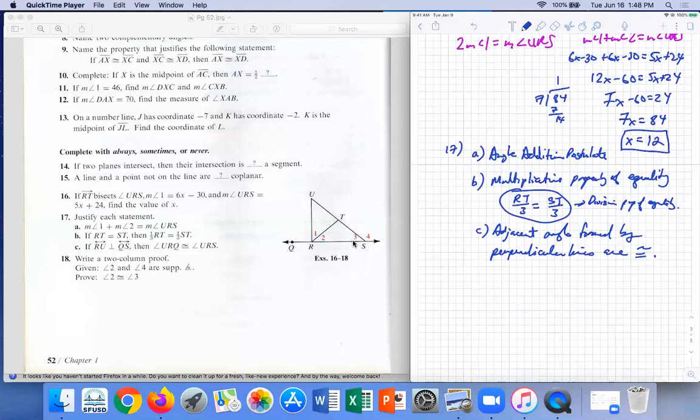The hard part is figuring out whether you've had this theorem yet. If you had the theorem, then you can just use it to prove this. I think you have had the theorem. Yes, congruent supplements theorem, theorem 1-7.